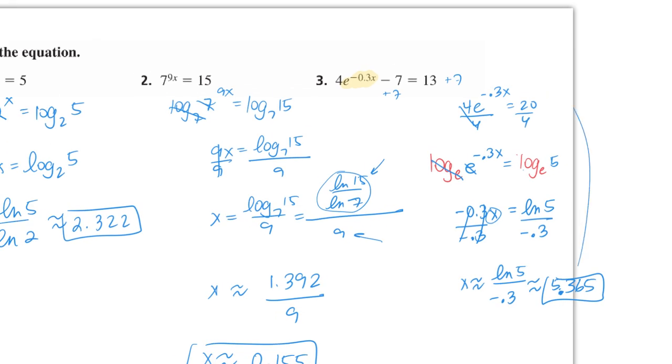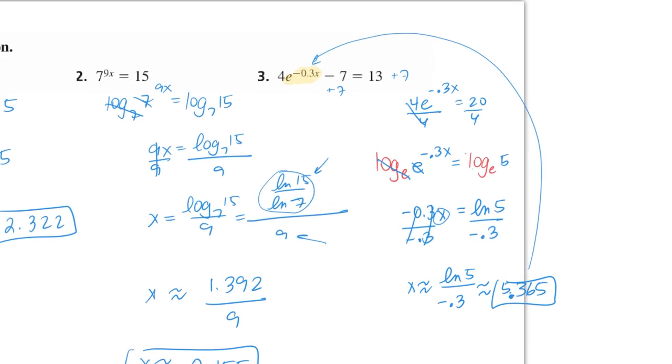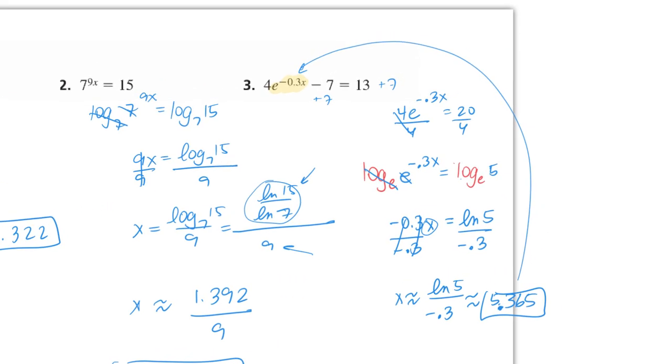Okay, now if I'm ever in doubt, because that one was kind of tough, right? I can always plug it back in and make sure that the math works, right? So I can do negative 0.3 times negative 5.365. I'm going to get about 1.6 as the power, so I'm going to do e to that power. It's going to give me a 5.